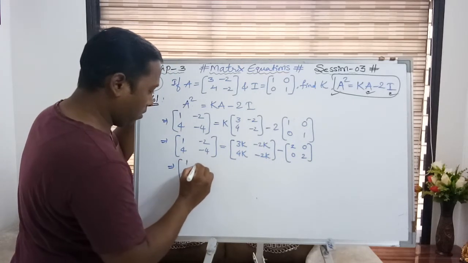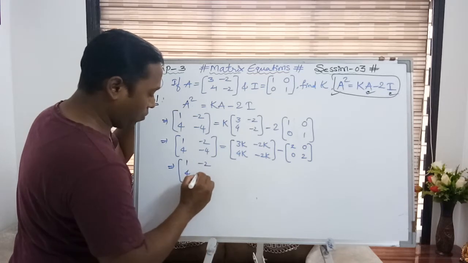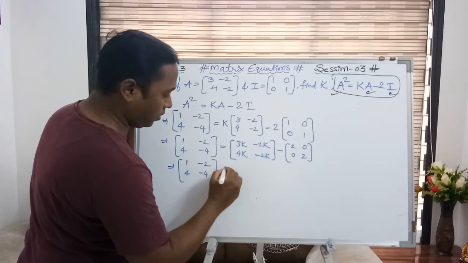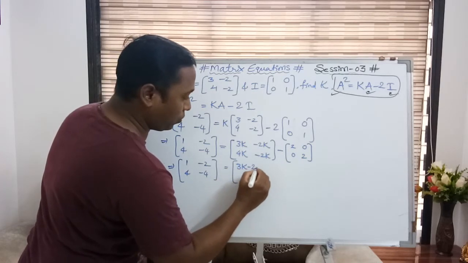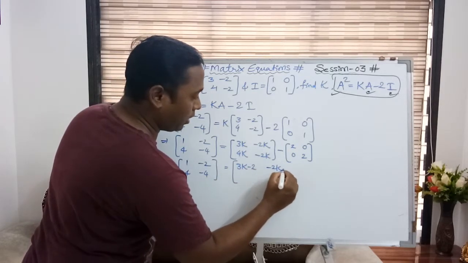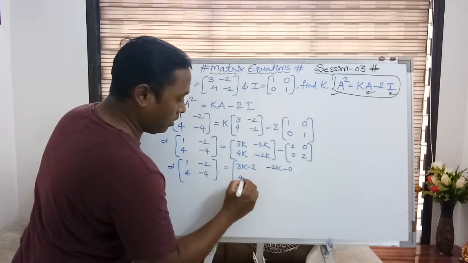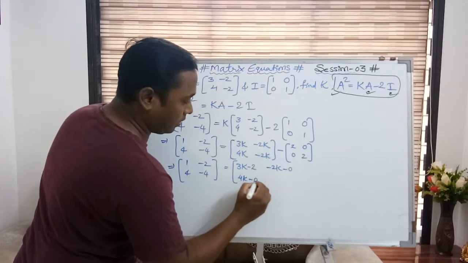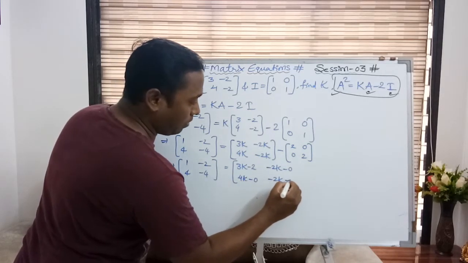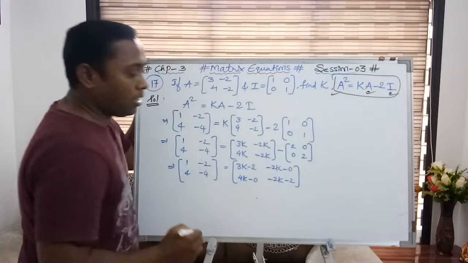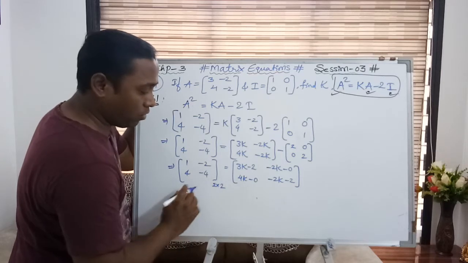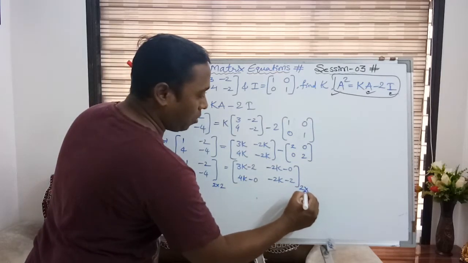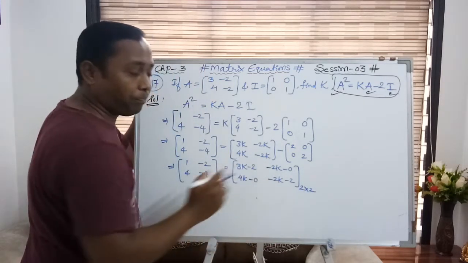So 1 minus 2, 4 minus 4, which is equal to 3K minus 2 minus 2K minus 0, 4K minus 0 minus 2K minus 2. Now it is simplified. If you observe the order of those matrices on either side, their order remains the same.